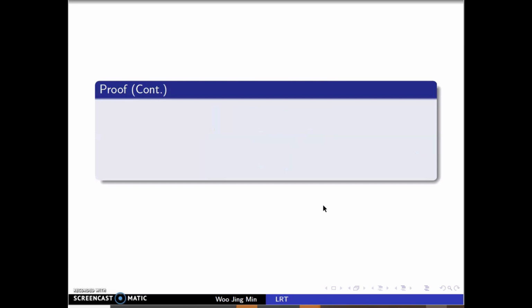So you can easily see that we can just keep doing that again and again until, well, the n plus 1 derivative of h at c for some c that is in x0 to xn.